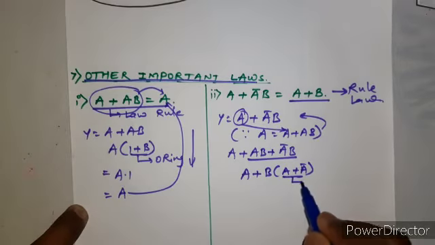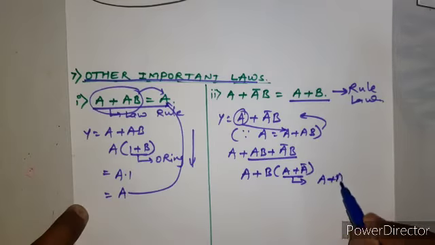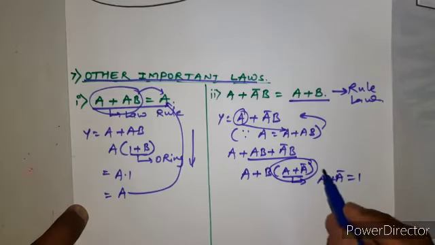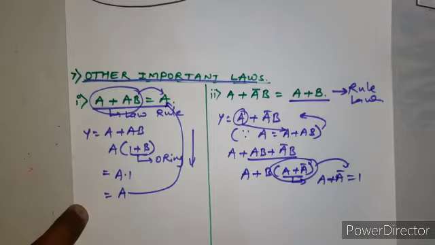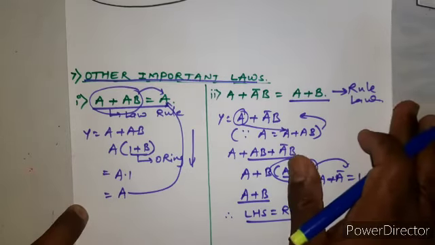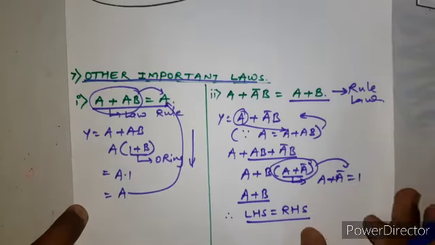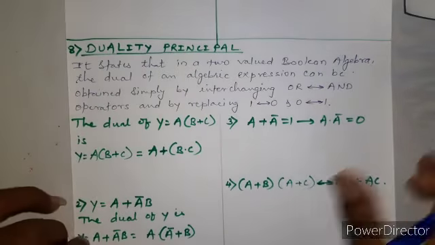Just now, from the ORing laws, we have seen A plus A bar is 1, so this complete term becomes 1, and what we have left is A plus B. Therefore we can say LHS is equal to RHS. That is what we have done here also. So these are some important rules that we require.